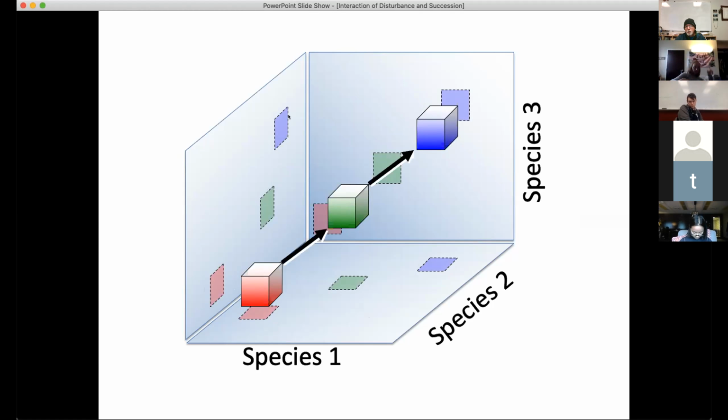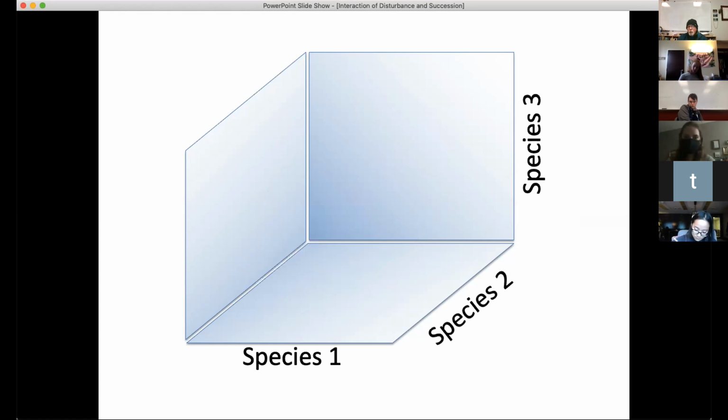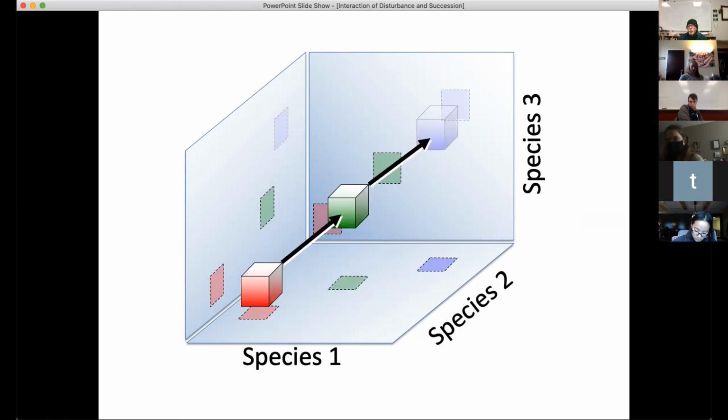But what we've come to learn by studying ecosystems where multiple disturbances occur is that this actually isn't how succession plays out. What can happen is as you go through these seral stages, we're at this final stage here where there's a lot of species 3, a lot of species 2, and a lot of species 1.